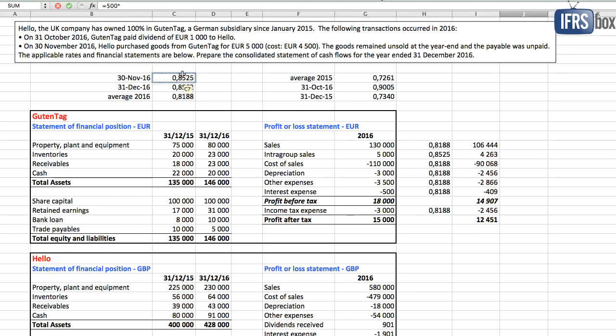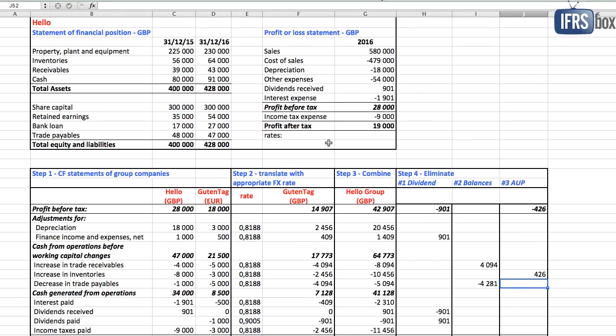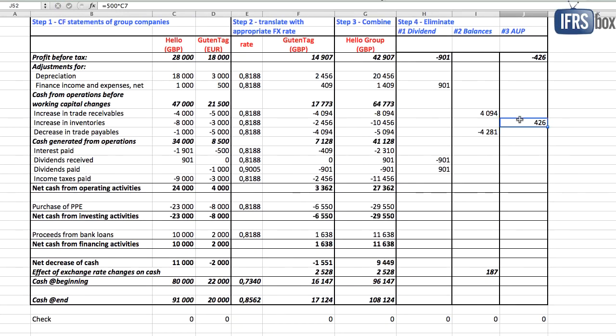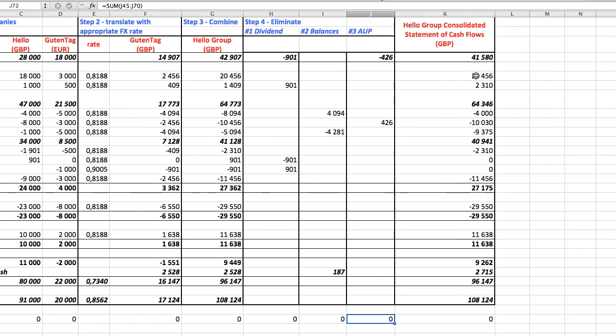The inventories are a non-monetary item, and therefore they remain the same without recalculating them by the closing rate at the year end. So we add the same 426 British pounds back to the line increase in inventories. Now the last thing, we add up the aggregated numbers and adjustments, and voila, we are done. You have a nice, clean and correct statement of cash flows here. I know it's a laborious process, but this is the right process.